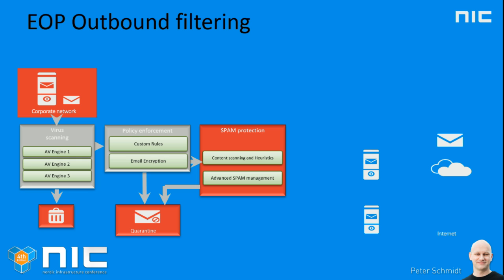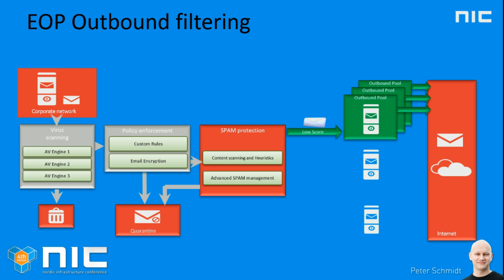So we actually scan for spam on the way out as well. And that's because Microsoft is using different mail pools when they send mails out of Exchange Online Protection. So if we have a low score on spam, it will be considered safe to send this, and it will go out to the normal outbound pool. If it's considered something that looks like bulk mail, it will go out through a bulk mail pool.